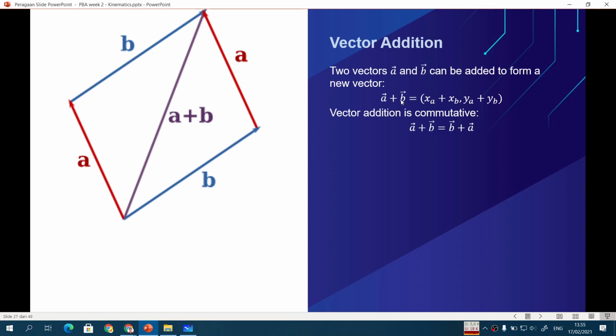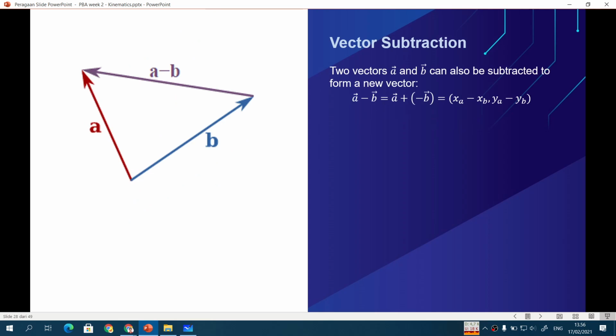A plus b is simply the addition of its elements from both factors: xa plus xb for the x component and ya plus yb for the y component. Factor addition is commutative, so if you add a and b, it will result in the same factor as b added with a. A plus b equals b plus a.